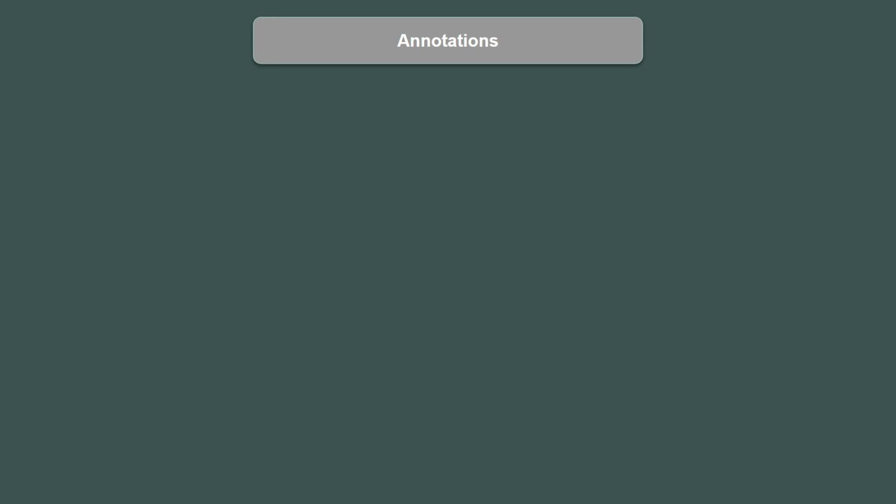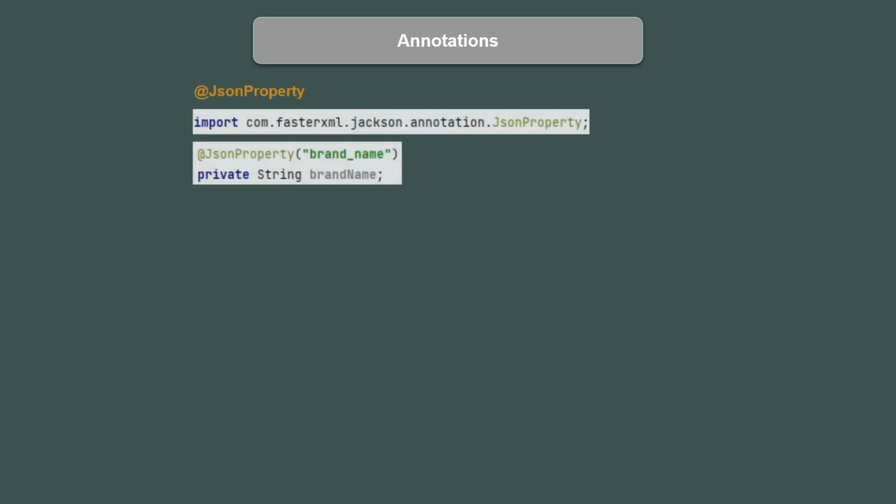Annotations help to control the serialization and deserialization of Java objects to and from JSON. Here are some of the most commonly used JSON annotations. JSON property. This annotation is used to map a Java class field to a specific JSON property name.